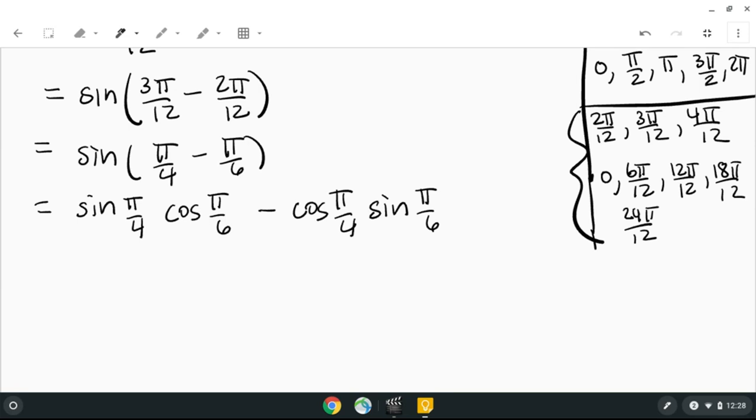Okay, and we have those memorized. Sine of pi over 4 is square root 2 over 2. Cosine of pi over 6 is 1/2. Cosine pi over 4 is square root 2 over 2. And sine of pi over 6 is 1/2.